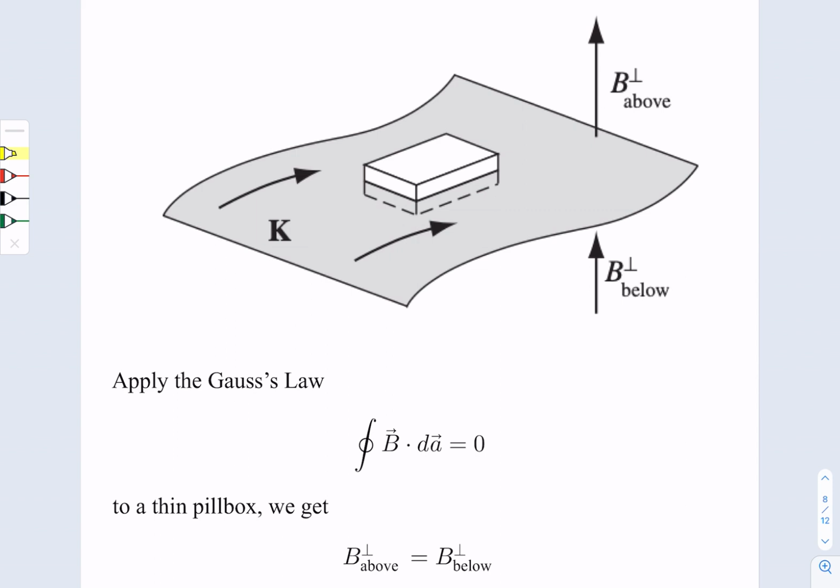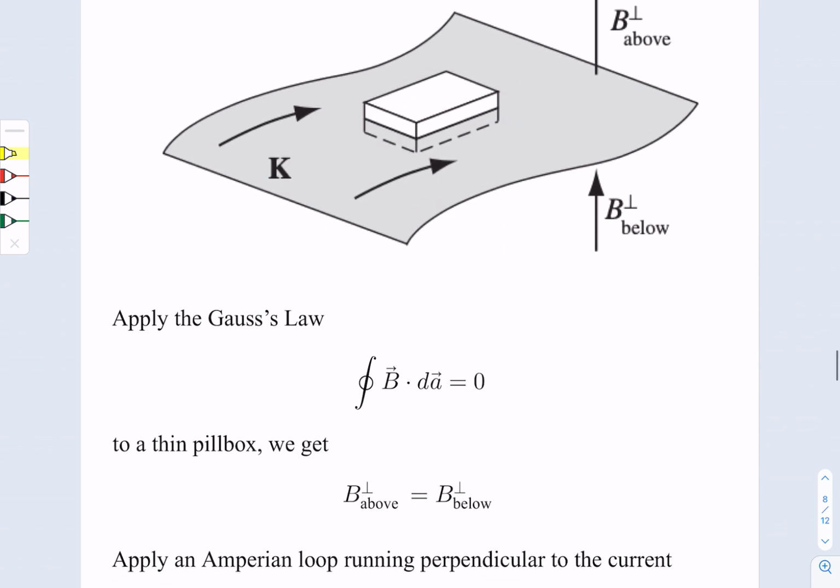If we look at the surface integral, the B dot this area has to be 0 because the del dot B is 0, and that's by definition. And so if we apply this Gauss law, we can immediately tell that the magnetic flux penetrating above the surface and penetrating below the surface must exactly be 0.